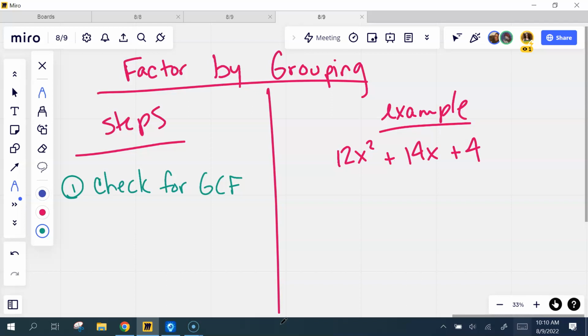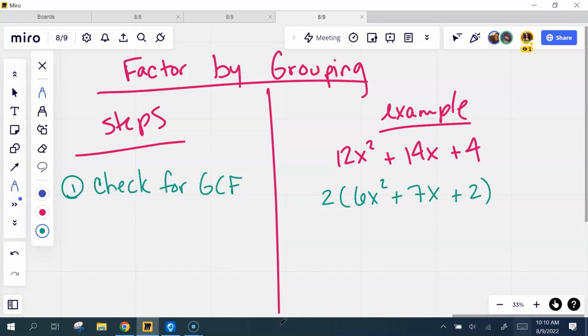It's going to make your life easier in the end. So as I look at my example, 12x squared plus 14x plus 4, does that have a GCF? It has a GCF of 2. So if I take that out and put it on the outside, what does it look like? That is exactly right. Does that confuse anybody?